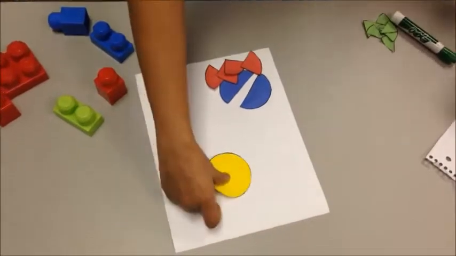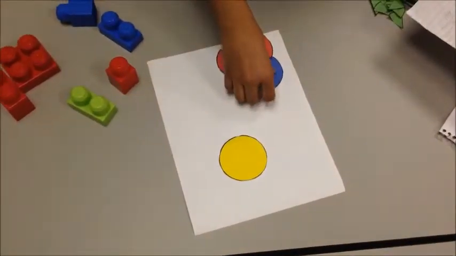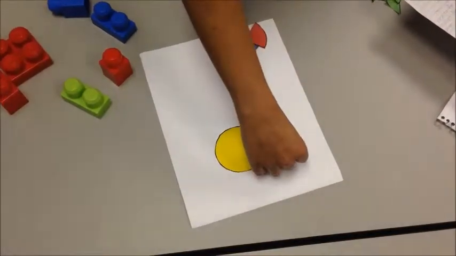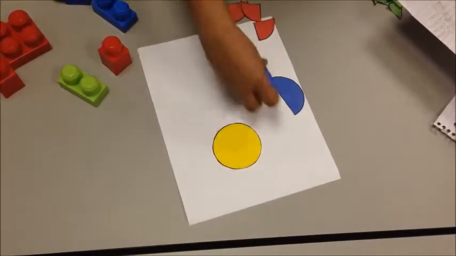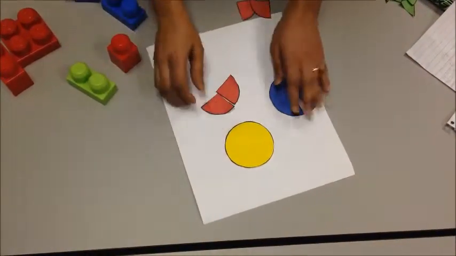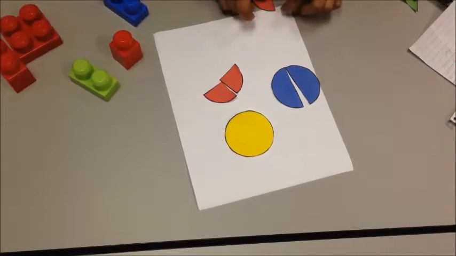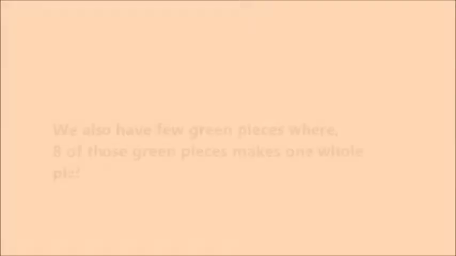Let's consider this yellow circle as a pie that has been divided into equal parts. So this one is divided into 2 equal parts, and here is a red pie that is divided into 4 equal parts.